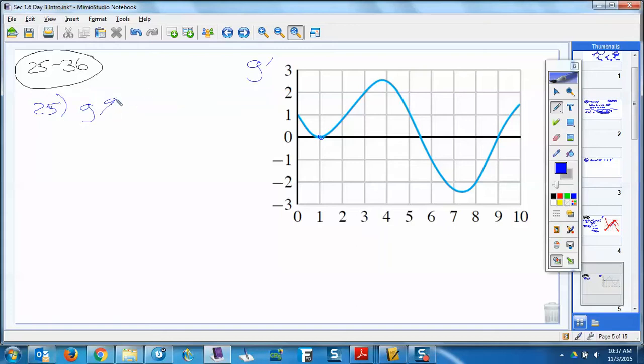We would say, well, when g prime is positive, that would be from 0 to 5.5. You're calling this 5.5, I think that's reasonable. And 9 to 10. Anybody have an issue with that? That is what the back said. Does anybody have an issue with what happens right there?